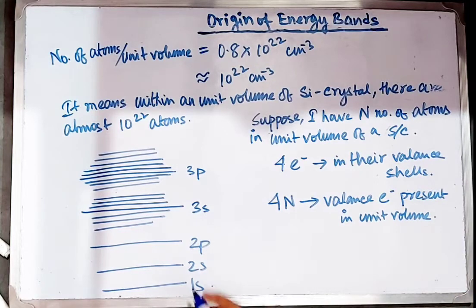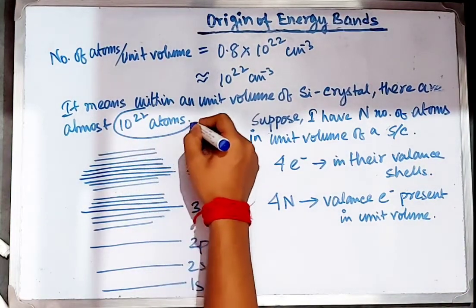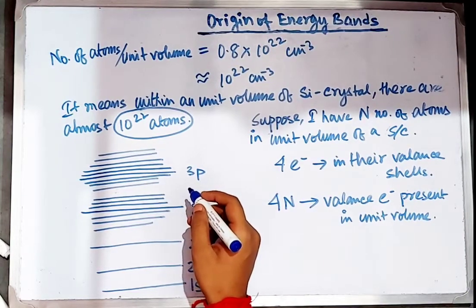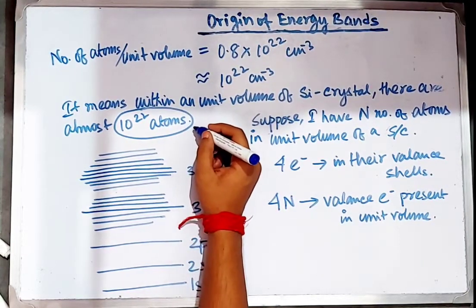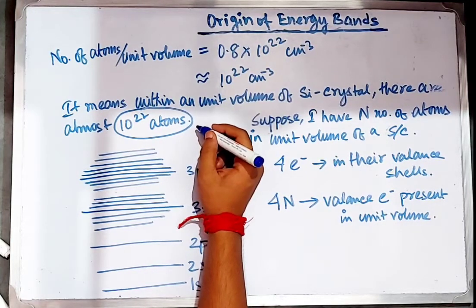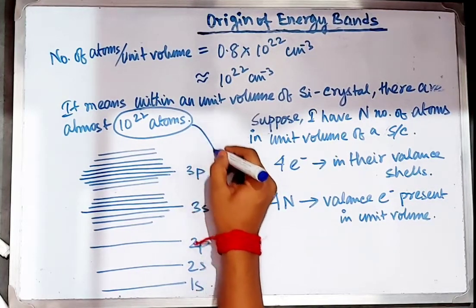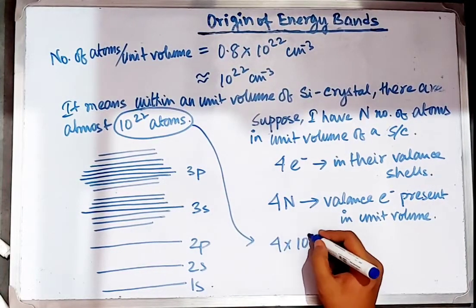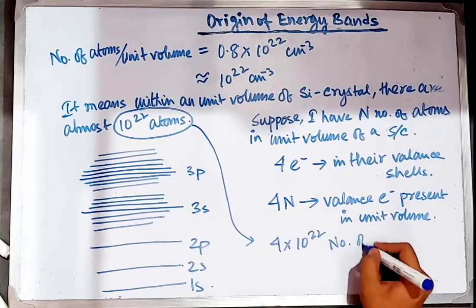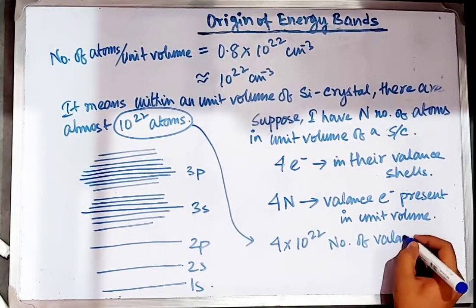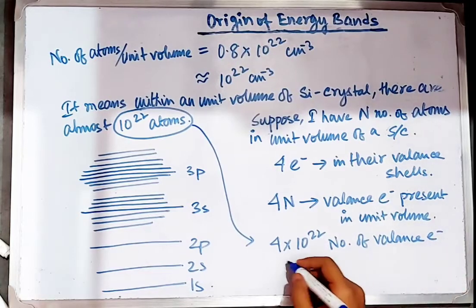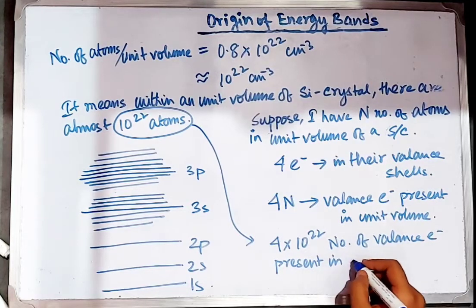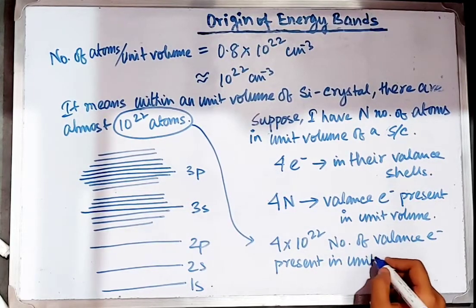As we have calculated that within unit volume there must be almost 10 to the power 22 atoms of silicon in a silicon solid crystal, then there must be 4 into 10 to the power 22 valence electrons present in unit volume.